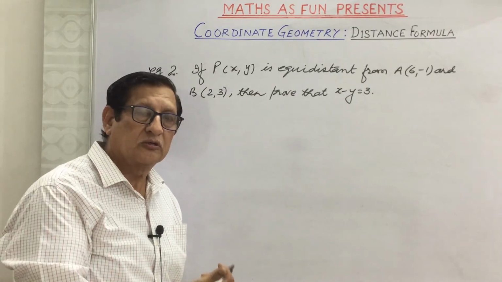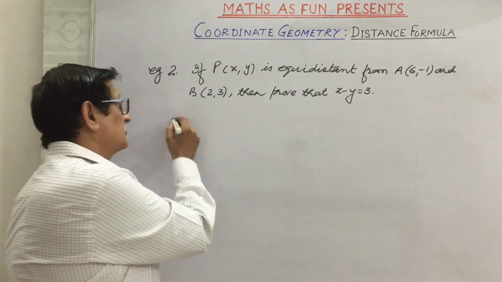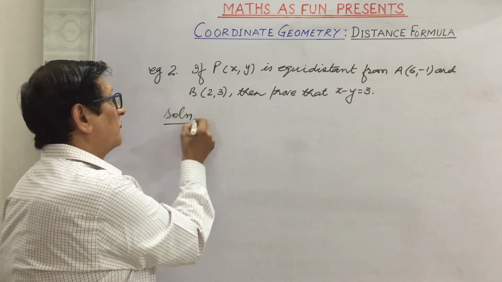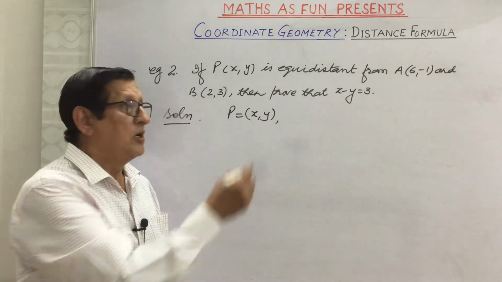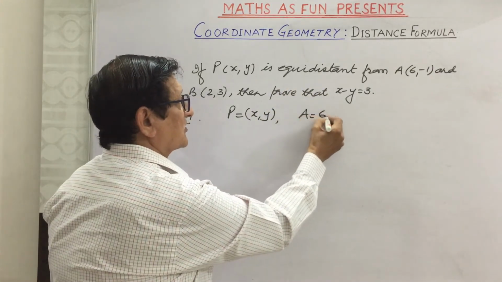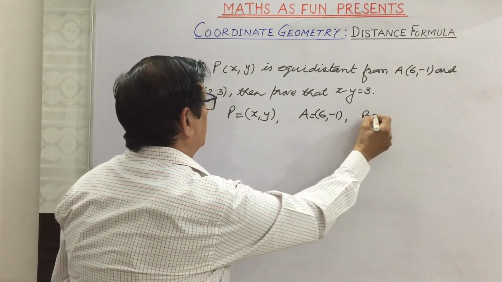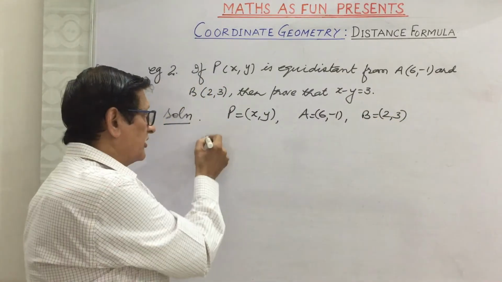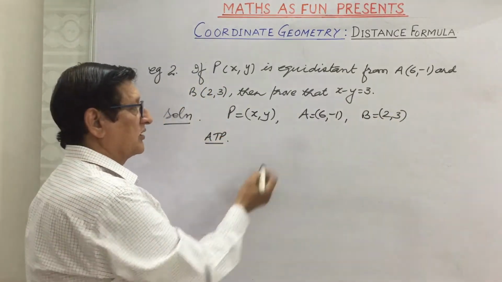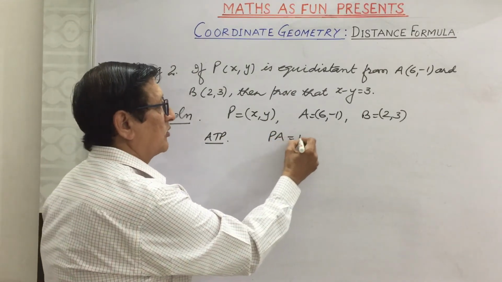The meaning of the question is the same. To find the solution, P has been given to us as (x, y). Point A is given as (6, -1) and B is given as (2, 3). According to the problem, we have been given that PA is equal to PB.